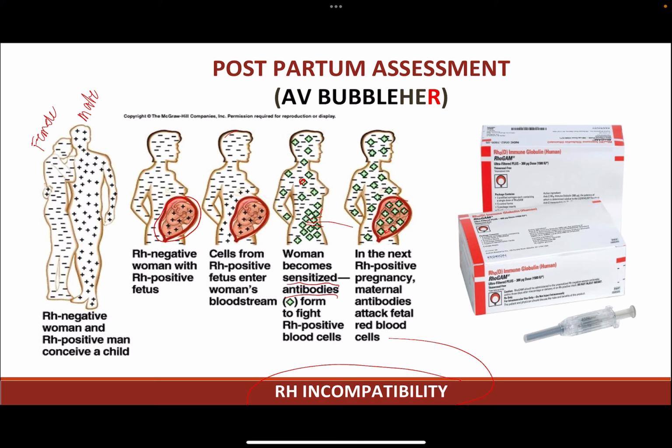So if this happens, if the mother is negative and the father is positive, you check with your doctor or your OB, and the OB will give you RhoGAM, the immunoglobulin human.